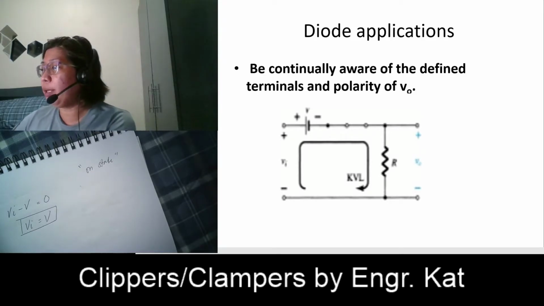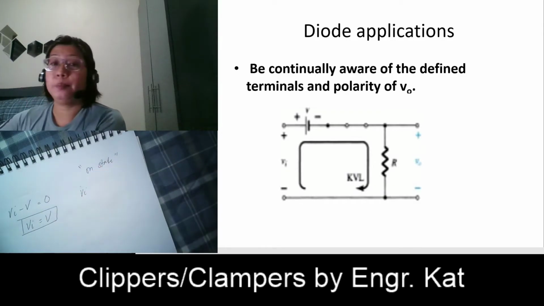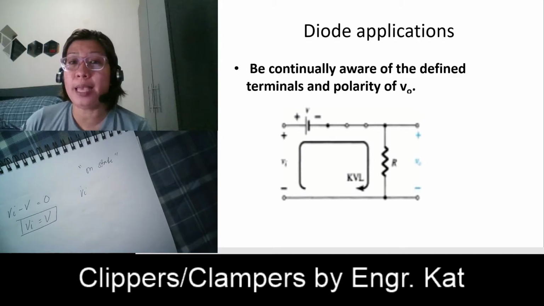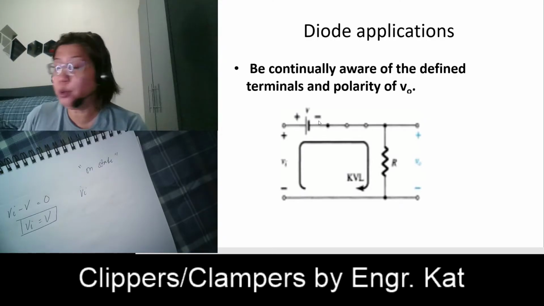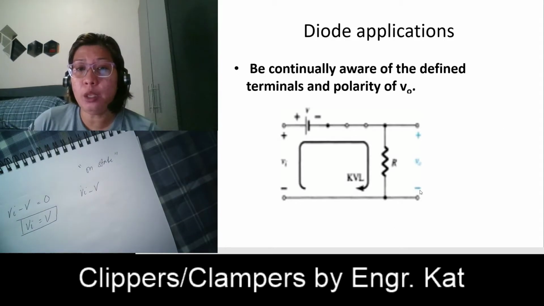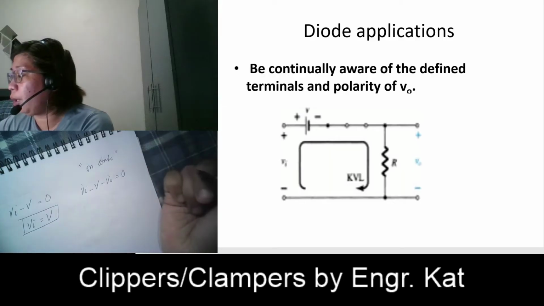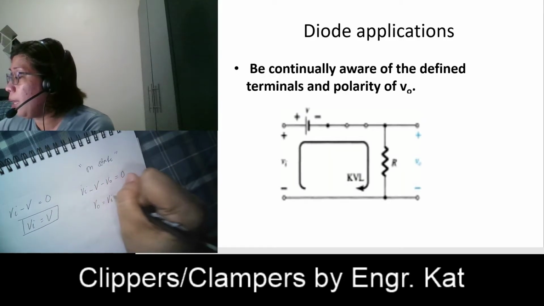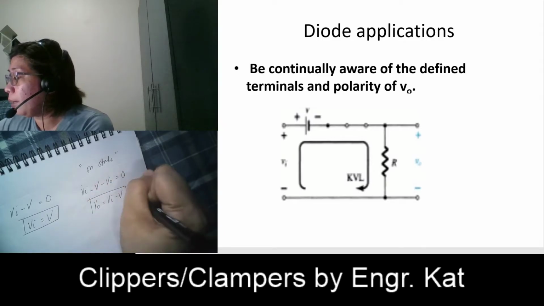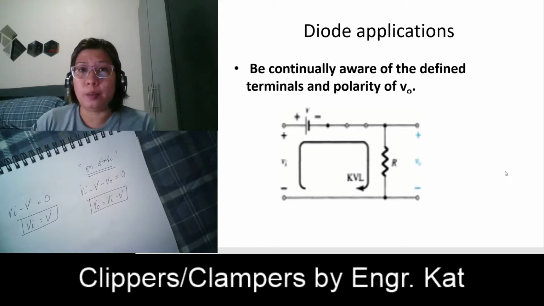So, when your diode is in the on state, we have VI, minus V, minus VO is equal to 0. So what is VO? VO is always equal to VI minus V. That is during the time that your diode is in the on state.